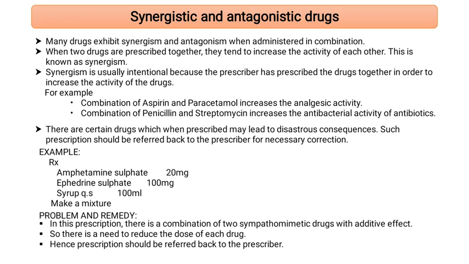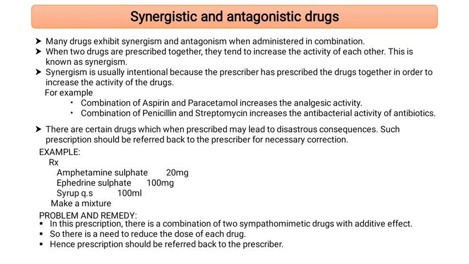Okay. Then there are certain drugs which when prescribed may lead to disastrous consequences. Such prescriptions should be referred back to the prescriber. For example, amphetamine sulfate 20 mg, ephedrine sulfate 100 mg, syrup QS 100 ml. We want to make a mixture.